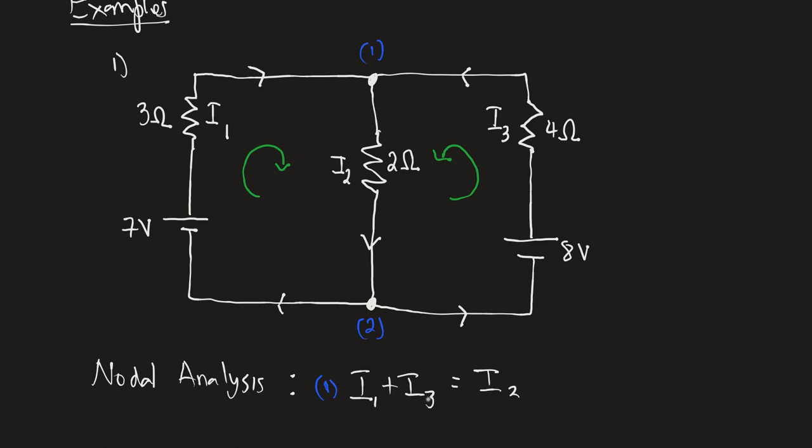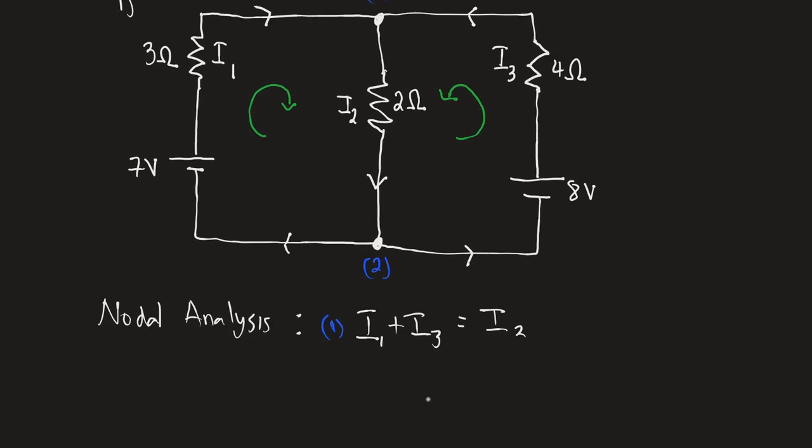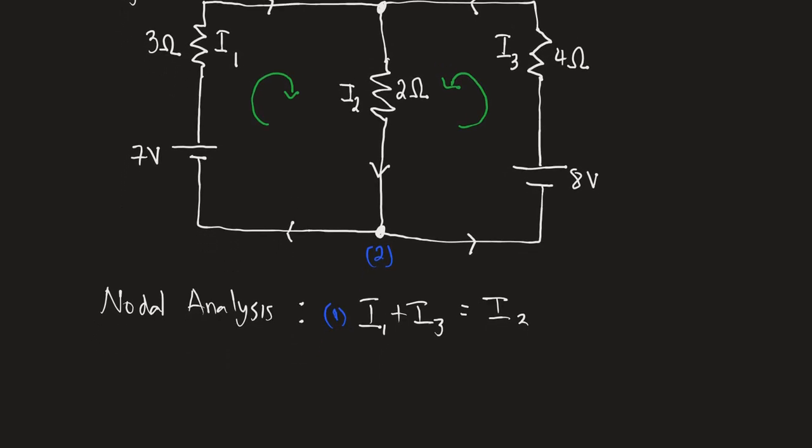Well, if we apply the same principle at node 2, are we going to get anything different? It doesn't look like it. Let's see. What's flowing into node 2 is I2. And then, right, nothing else.